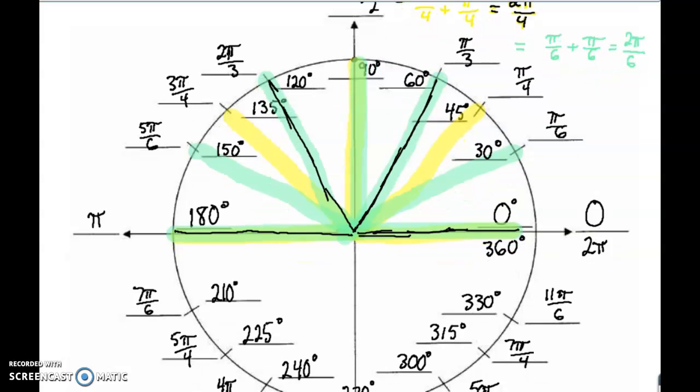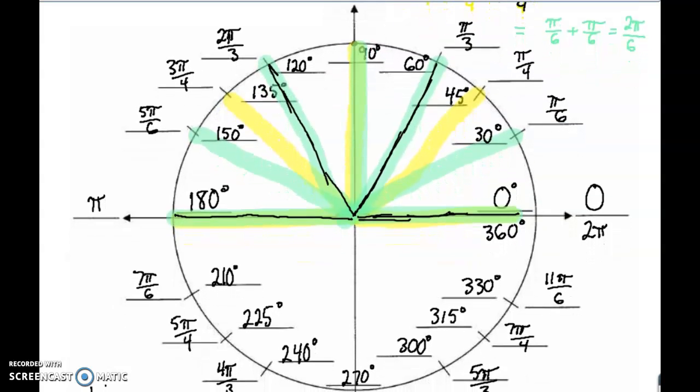Now what you should notice from here is there's definitely a pattern going on, and it's all based off of the reference angle. As long as you know the reference angle, then you can figure everything else out. So what am I talking about? For instance, I can get back to my highlighter, this 210 degrees matches up with the 30 degrees.